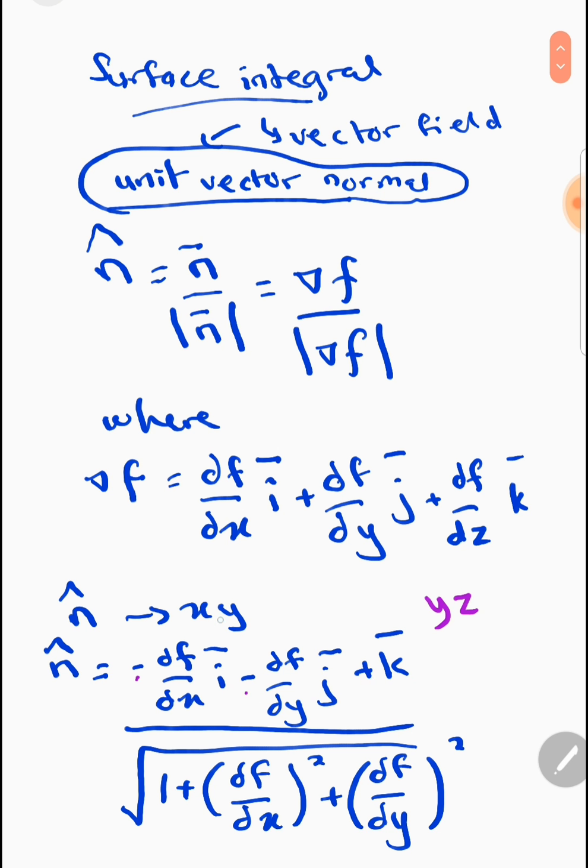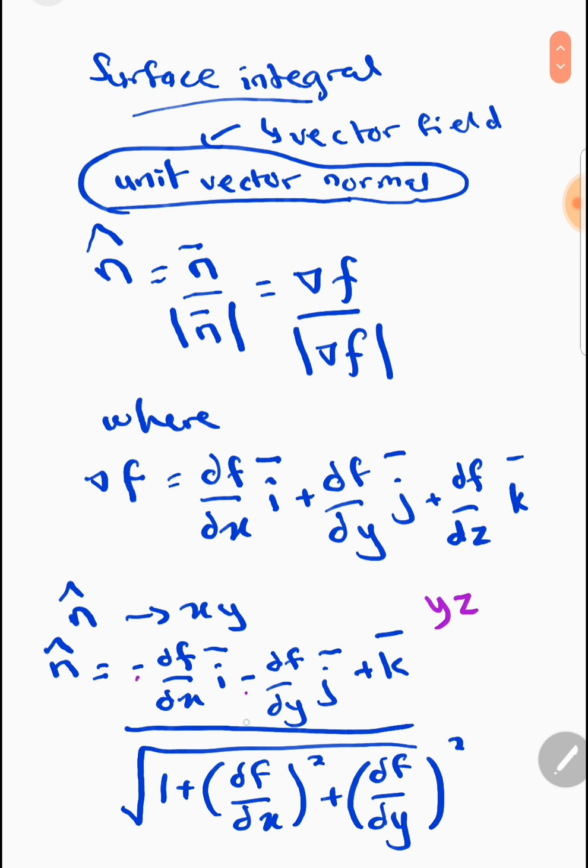And for xy plane, you can see that you actually have a partial derivative of dx and dy, and then over here would then be dx and dy. Just in case you're wondering, now I want to get my unit vector normal, and my unit vector normal is on my yz plane.